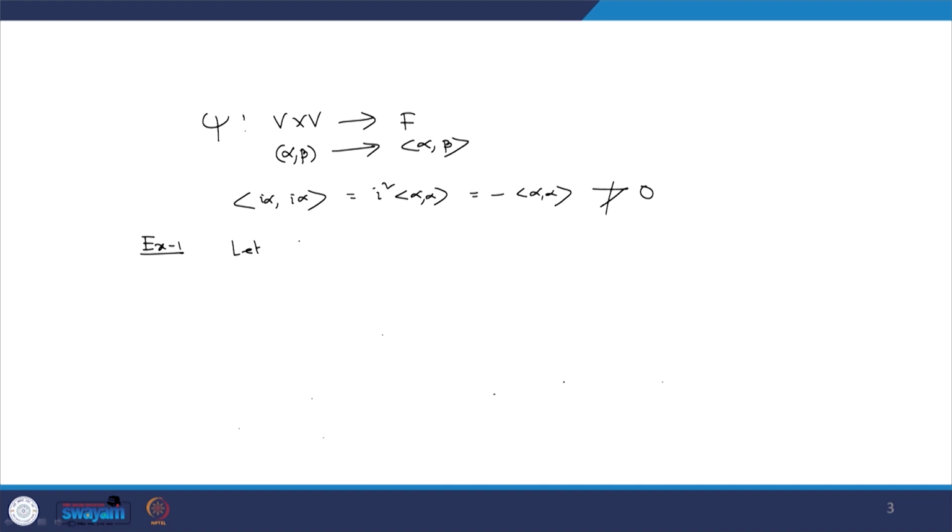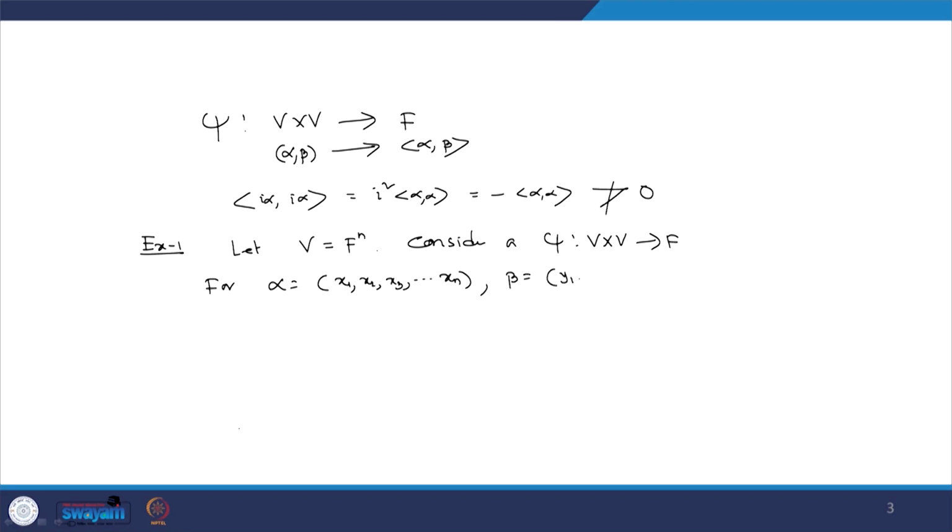Let V equal the space of n-tuples over F. Consider psi from V cross V to F, for alpha equal to the n-tuple x1, x2, x3, up to xn, and beta equal to y1 to yn.